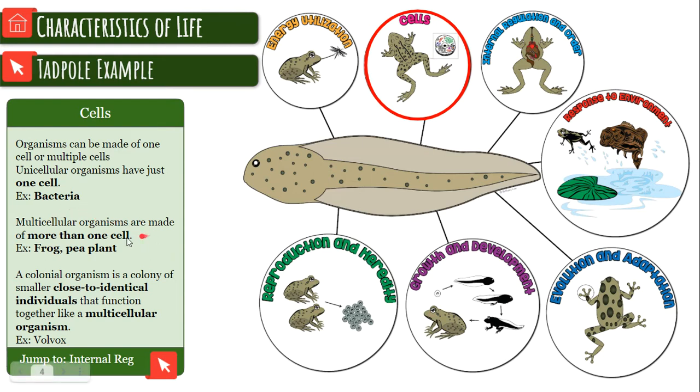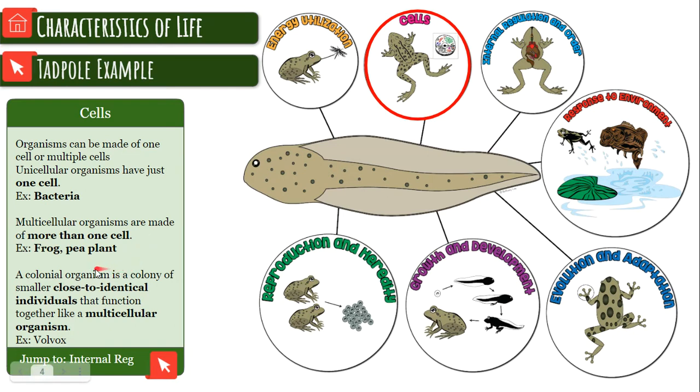Multicellular organisms are made of more than one cell, so two or more cells. But typically, multicellular organisms like frogs and pea plants or trees are made of millions and billions of cells.